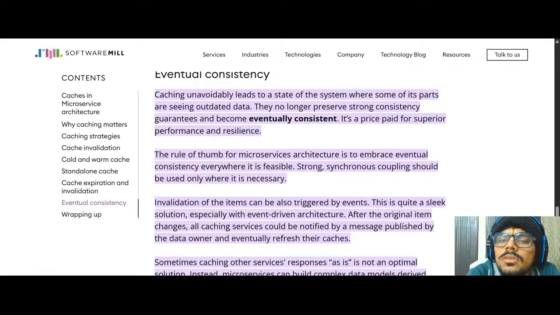If you cache each and every particular thing unavoidably, first of all, you might need a lot of memory management, and it might also hold a lot of memory over your data. You might see outdated data.